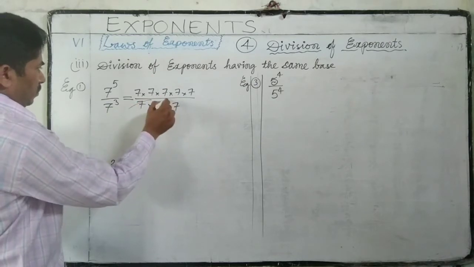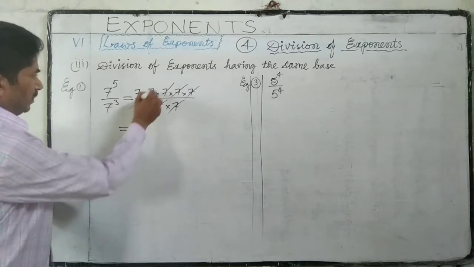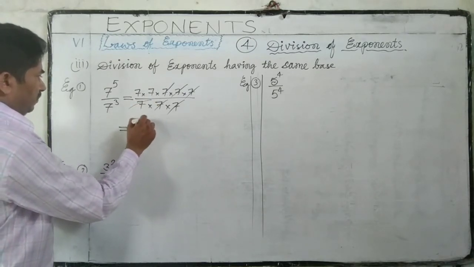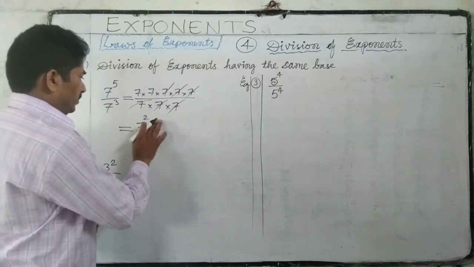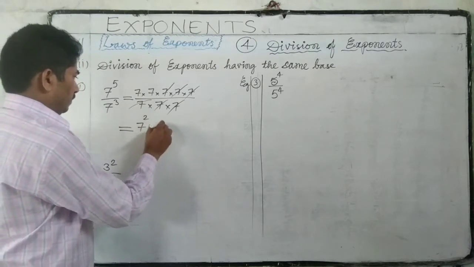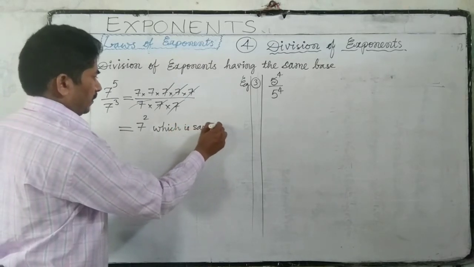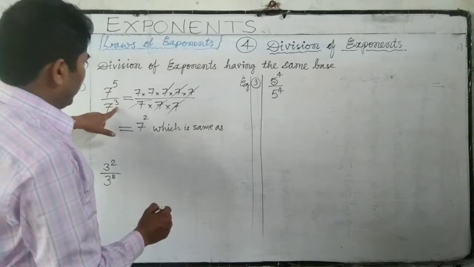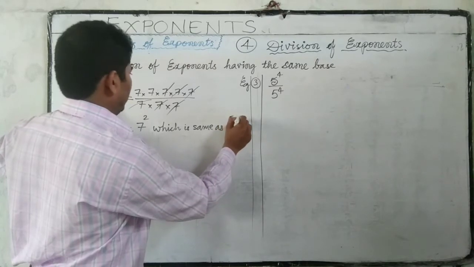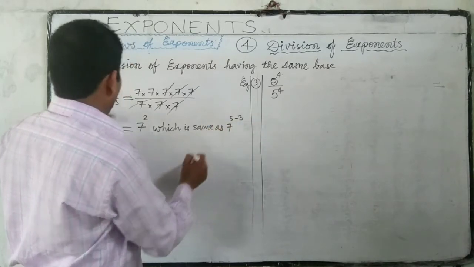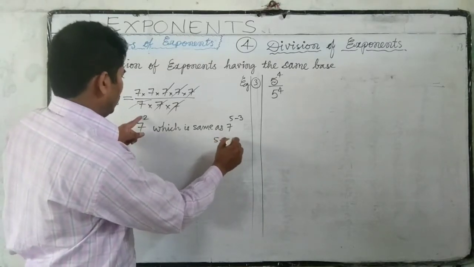So 1, 2, 3 cancel with 1, 2, 3, which is equal to 7 square, which is the same as 7 to the power of 5 minus 3. Because here we have 5 and 3, 5 minus 3, we get 2.